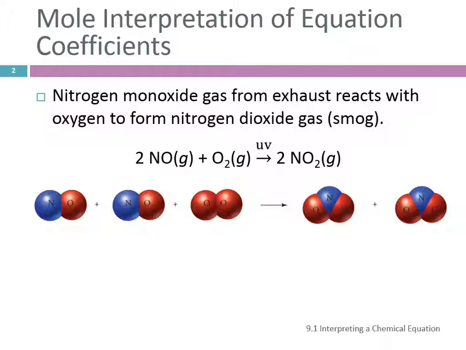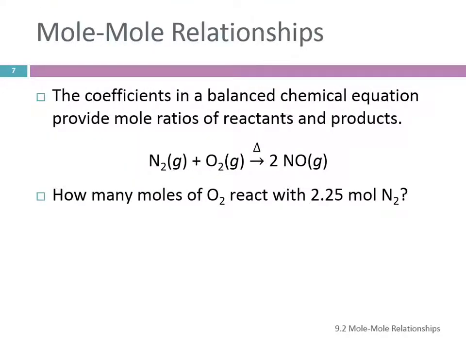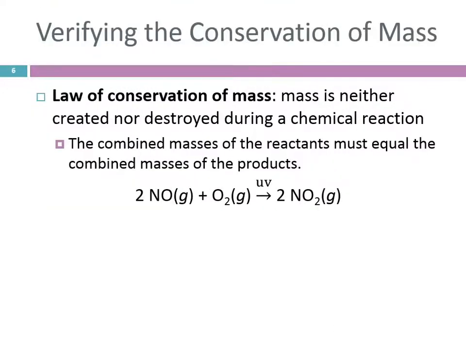They're going to weigh the same, right? 4 red balls weighs the same as 4 red balls. And we've got 2 blue balls and 2 blue balls over here. So it should weigh the same, right? And if we calculate it, it does. Now, where was I? Okay.